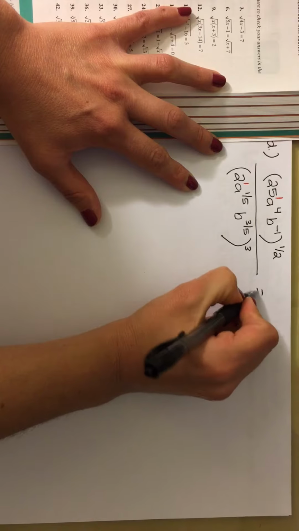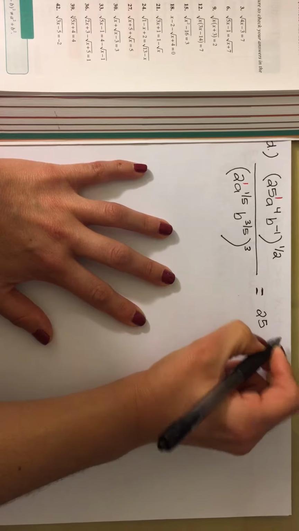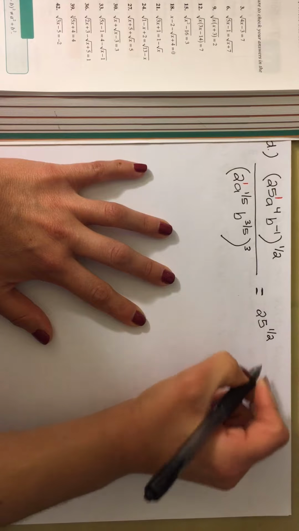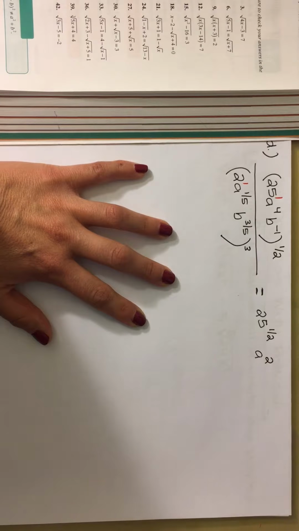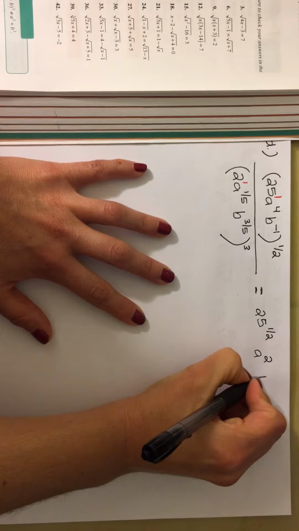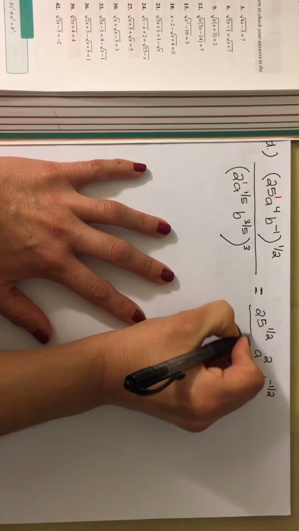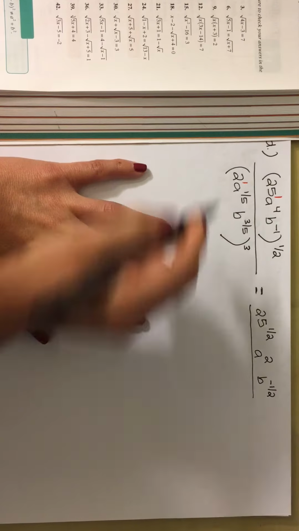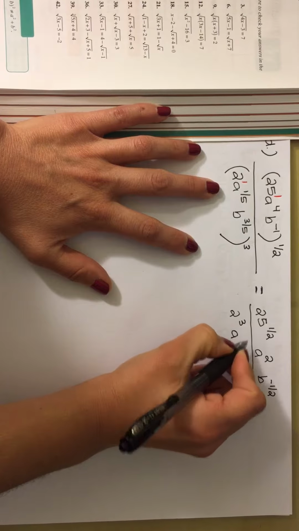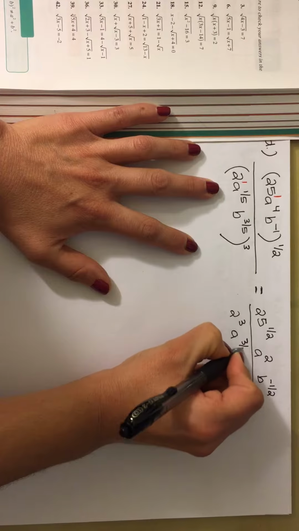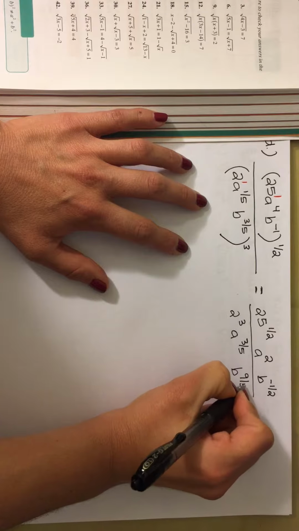So the first thing is use the power rule. 25 to the 1/2 power. A squared. B to the negative 1/2 power. 2 to the 3rd. A to the 3/5. B to the 9/5.